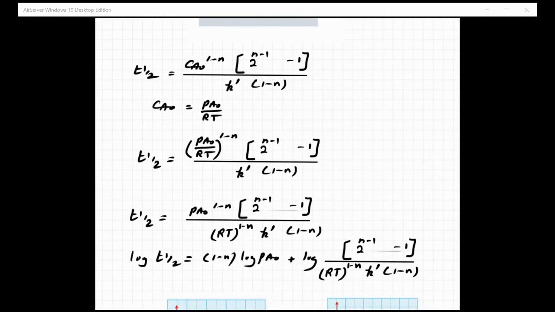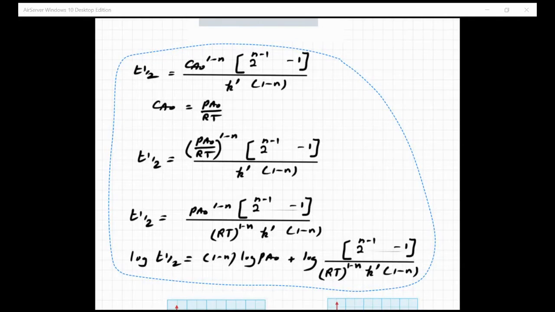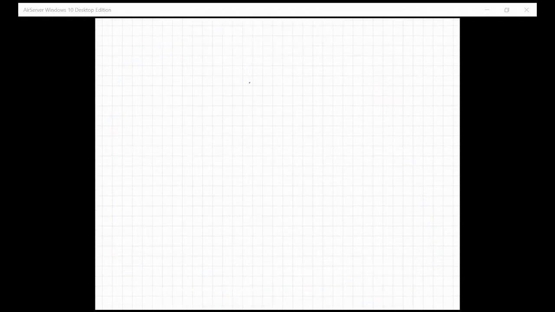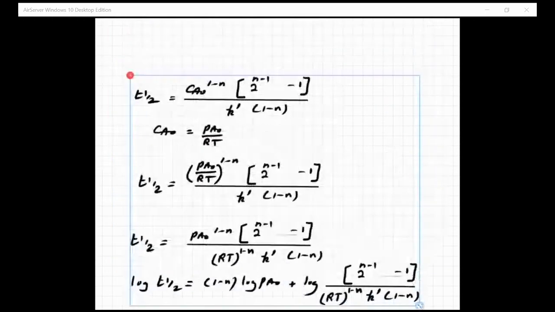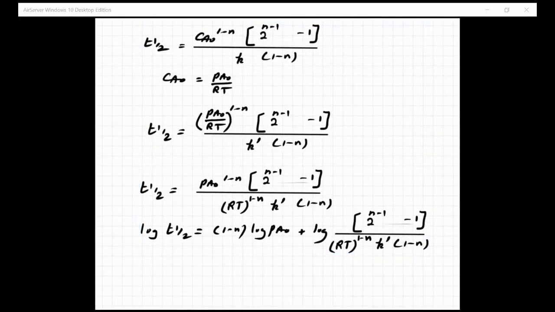If I don't have data in terms of pressure, I don't have to change. So this is my equation, and I will copy it for you to see later that you need to do the whole derivation. Again, reminding you, in this derivation it is only k, there is no k prime.